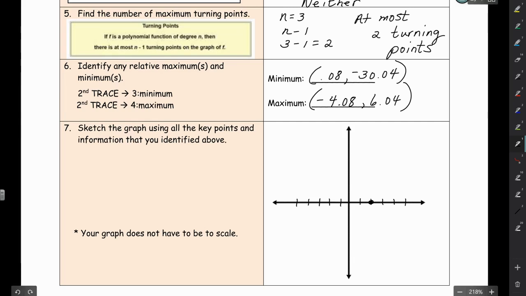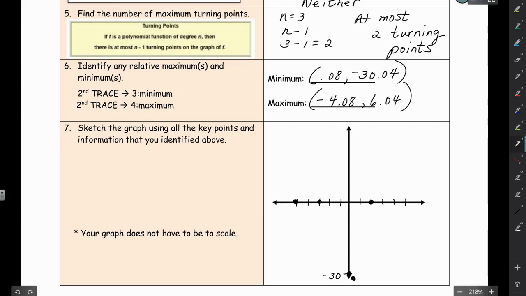We're at 2, we're at -5, and we're at -3. So we know those are important numbers. Right? We also know that we have a y-intercept at (0, -30). All right, and we have a minimum at about (0.08, -30.04), so right about here.